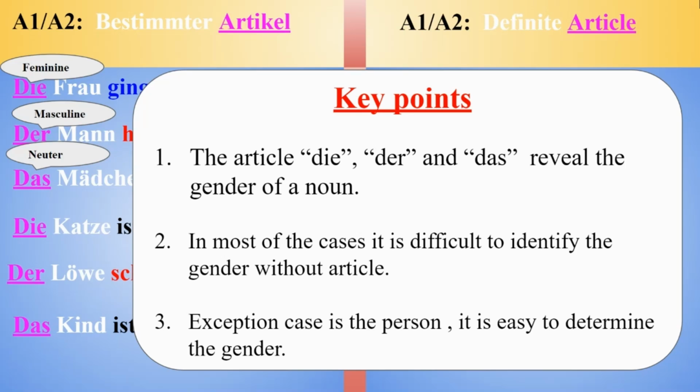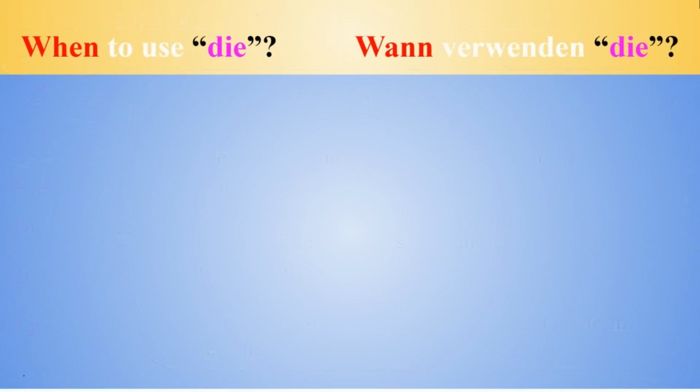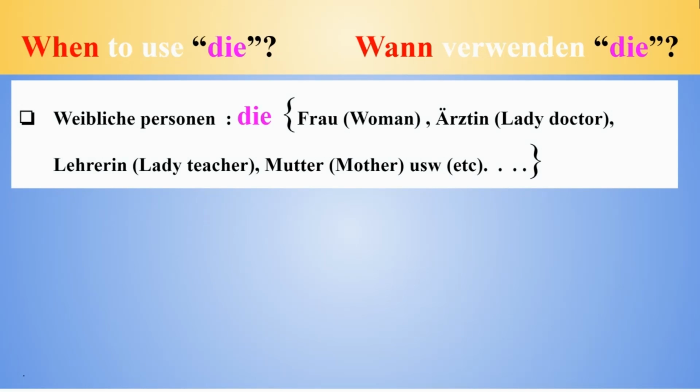Now let us look at more examples of when to use die. We will use die for weibliche Personen, that is for female persons. Die Frau, die Ärztin, die Lehrerin, die Mutter und so weiter.